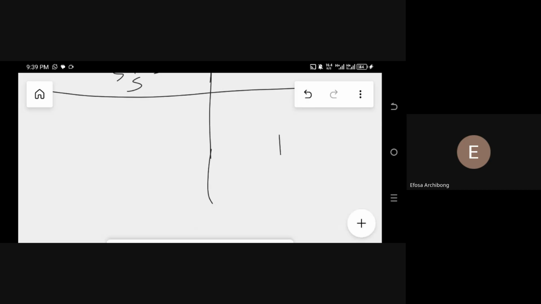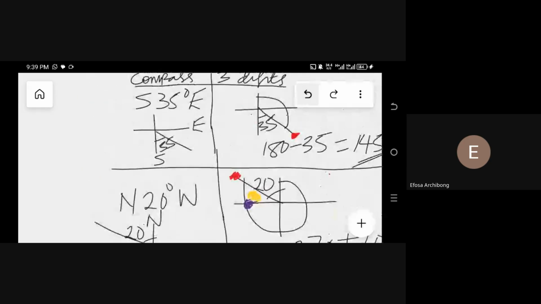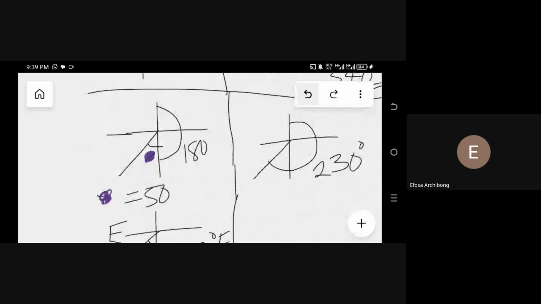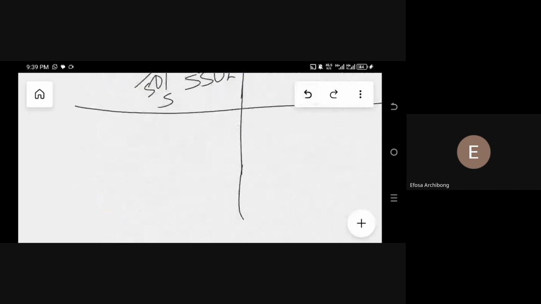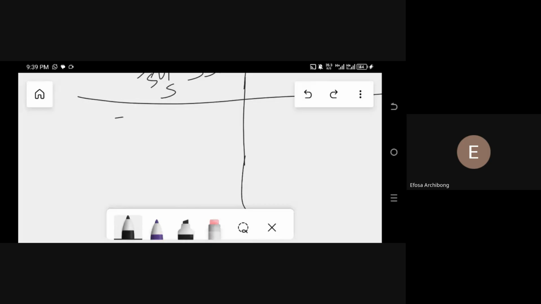Let's see the work we've done. We've done southeast, done northwest. Okay, let's do southwest.